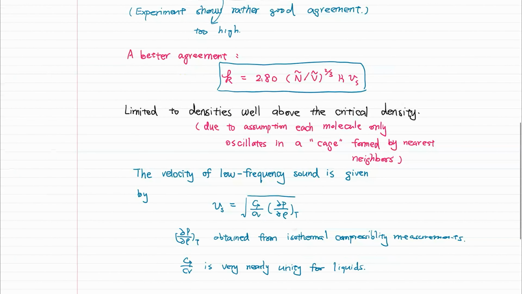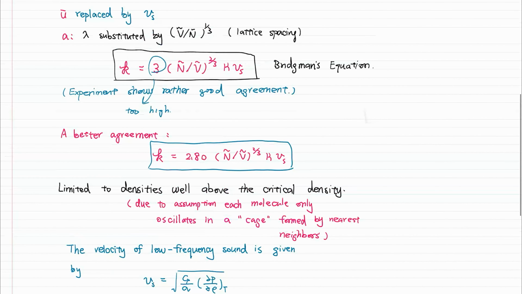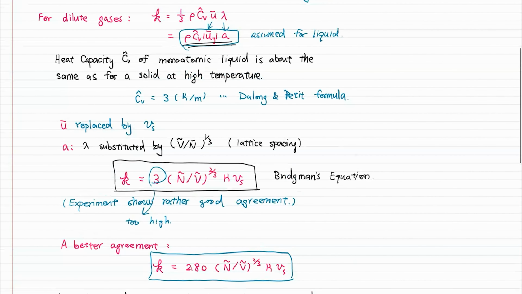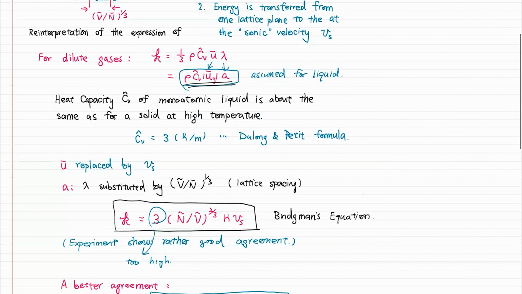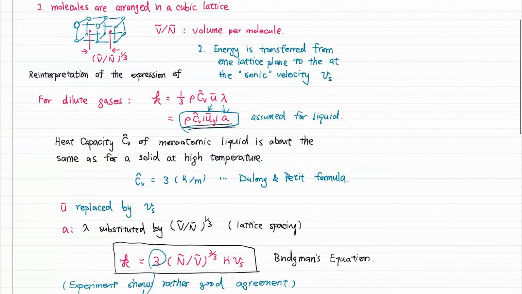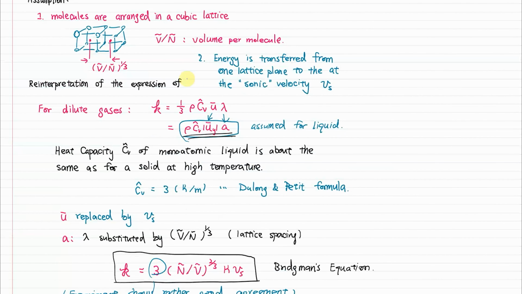Okay, so that ends our discussion. Basically, Bridgman uses the result that we derived previously for the dilute gas, which is right here, and the only thing he changes is based on the assumption that molecules are arranged in a cubic lattice.